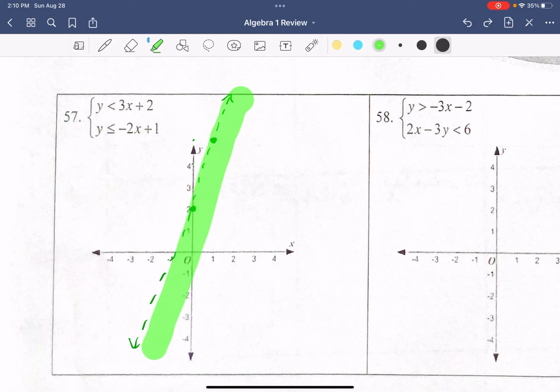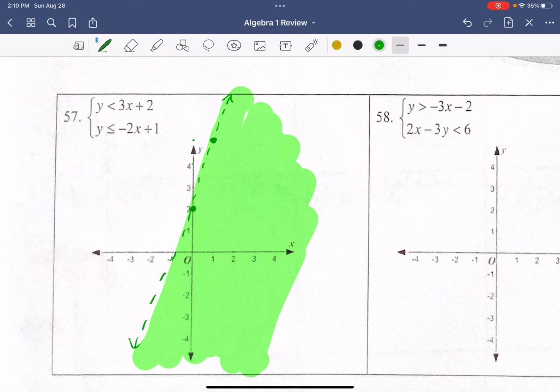So we shade in all of that. All right, and the next one is y is less than or equal to negative 2x plus 1. So now our intercept is here, and then we go down 2 and over 1. This one has a solid line.